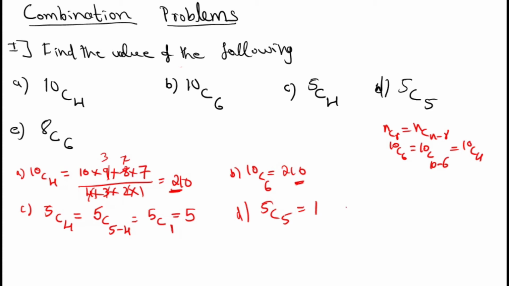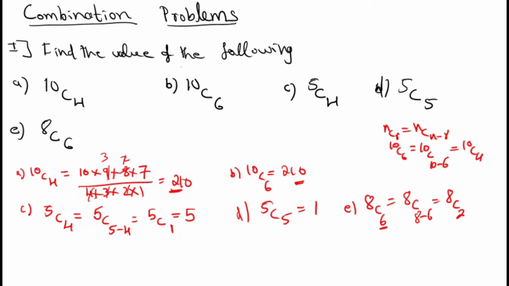Then see the next question, 8C6. You can write it as 8C(8 minus 6), which is 8C2. Which formula? nCr is equal to nC(n minus r). Here 6 is nearer to 8, so it's quite difficult to write all the values in the numerator and denominator.